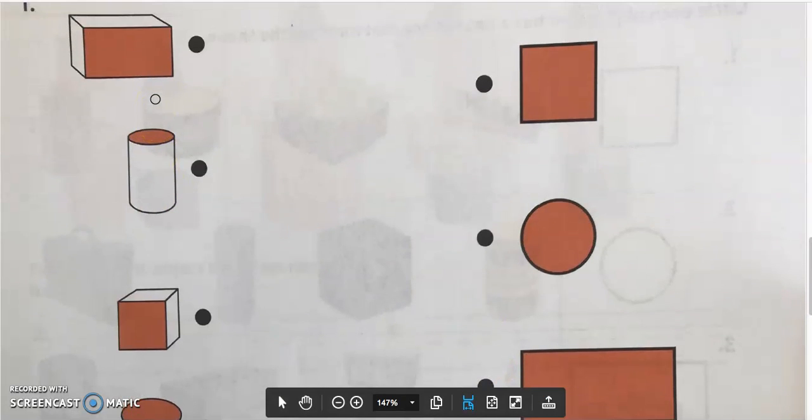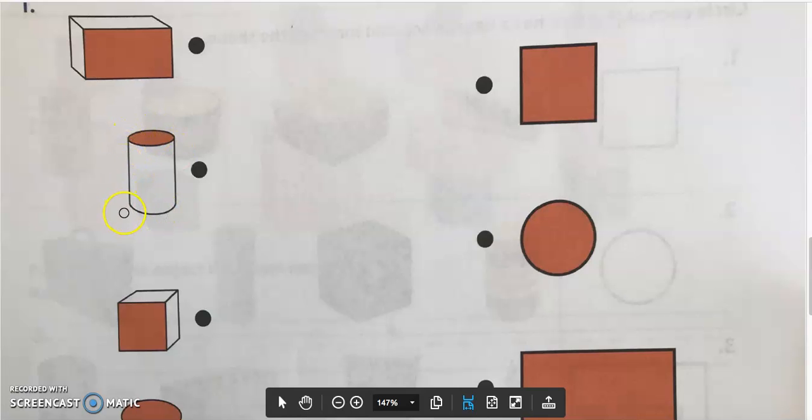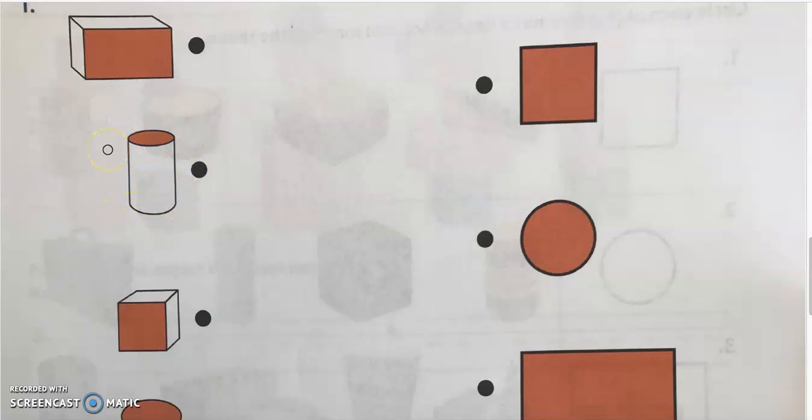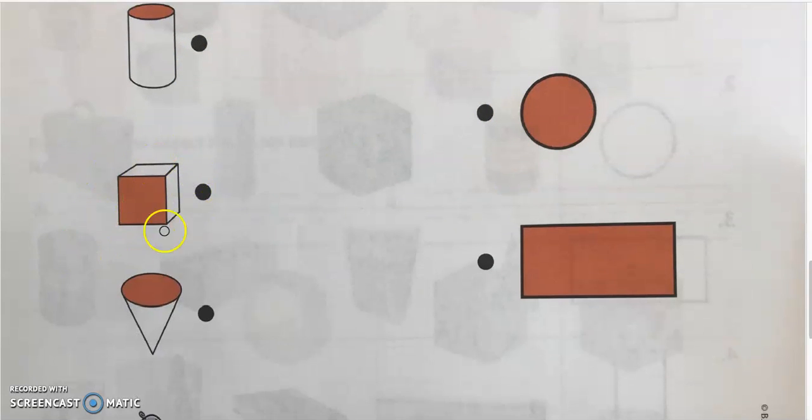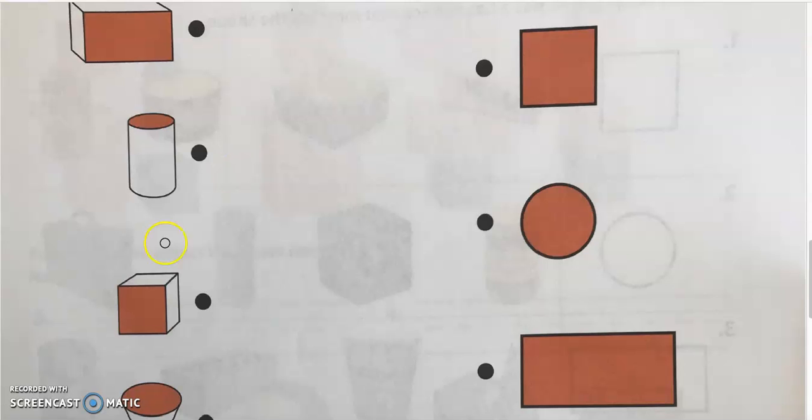And number 2, what figure is this, first grade? Yes, it's a cylinder. And the shaded face features what figure? Yeah, circle over here. And we have a cube. And the shaded face of a cube features what shape?